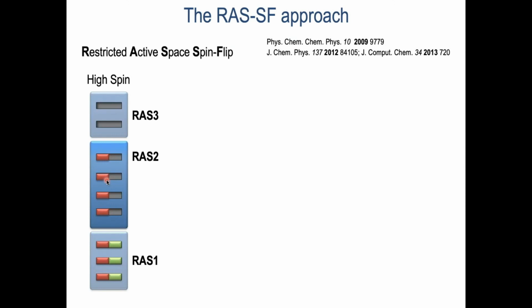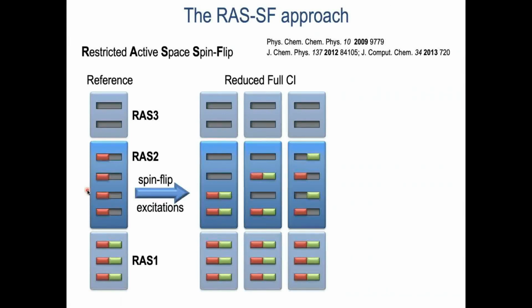And then before defining our operator, we split the orbital space in three subsets: RAS1, RAS2, and RAS3, where in RAS2 typically we have the set of singly occupied orbitals, although we are not forced to, but typically it's the one that we use. And then we apply our spin flip operator.